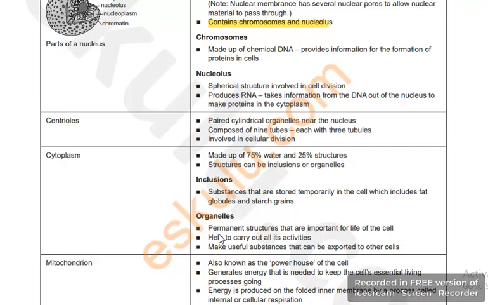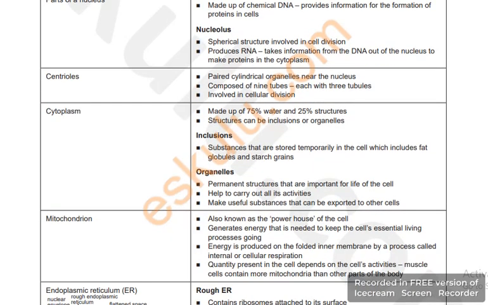Organelles are permanent structures that are important for the life of the cell. They help to carry out all its activities. Then they make useful substances that can be exported to other cells. That is the function of cytoplasm.